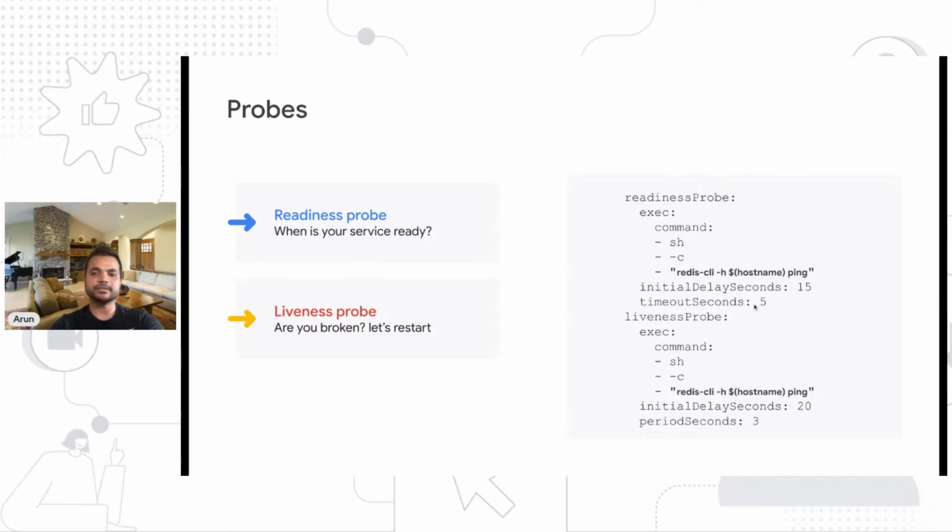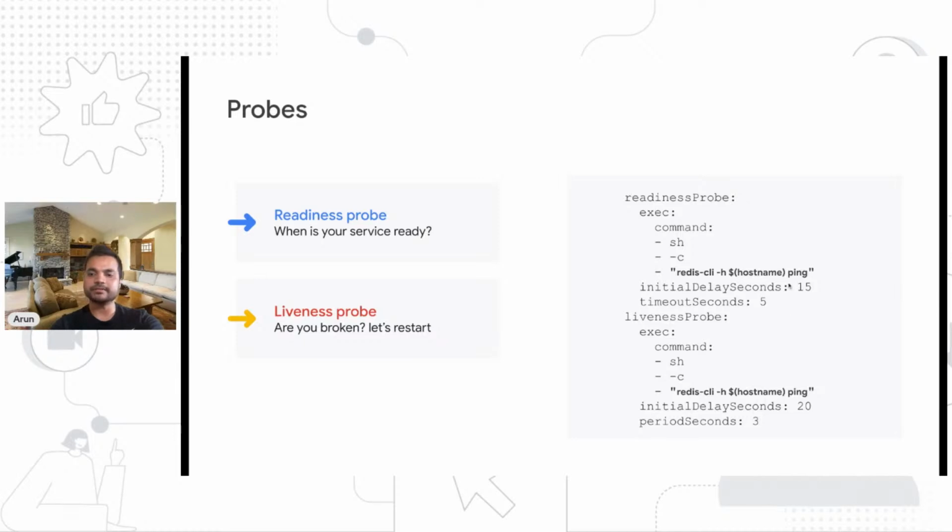So these settings depend on how much time it takes for our pod to come up, because we may have some custom script which may require more than 15 seconds. So do your due diligence, make sure that your application is taking proper time to spin up the pods, and then schedule your readiness probes accordingly.